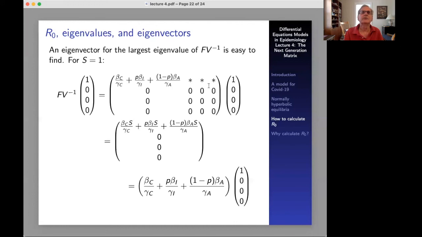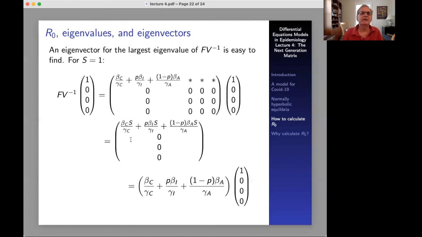So multiply the first row times this column, and we'll just get this number times 1. Whoops, I left the S in there. S should be 1. The other entries are the other rows times this matrix. They're all zeros. So this is what we get when we multiply FV inverse times 1, 0, 0, 0, except that the S's should all be 1s.